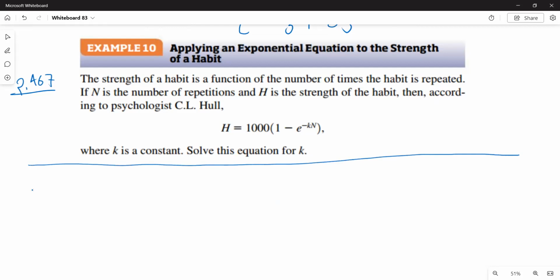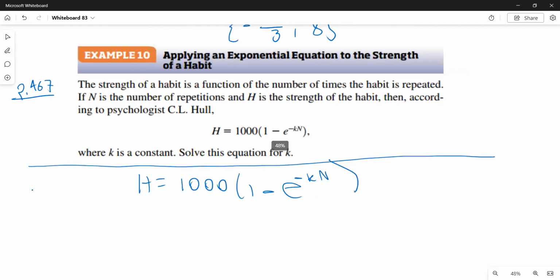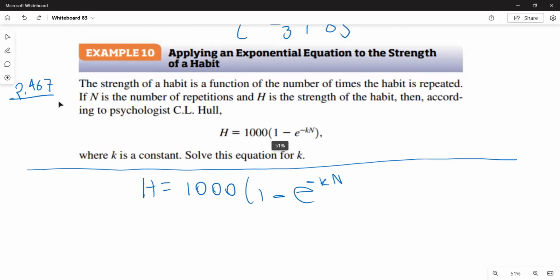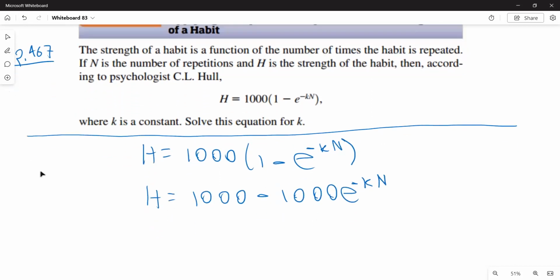Okay, solve for k. So h is 100 times 1 minus e raised to the opposite of k times n. Okay, so let's distribute the 1,000. If we want to solve for k, we need to isolate the term with k. So we're going to interchange these two values.